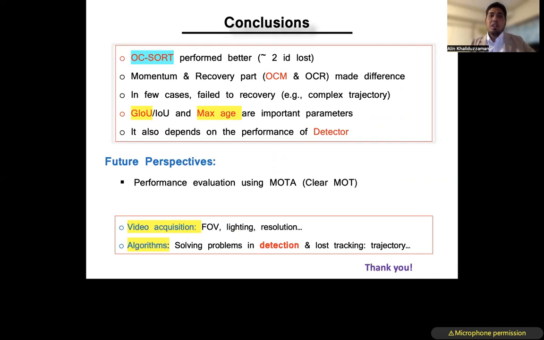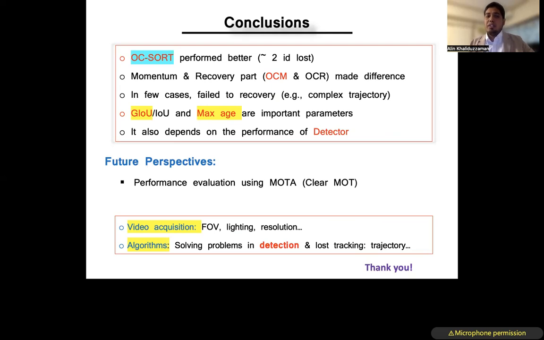What makes this difference, I think, is the momentum and recovery part, called OCM and OCR, of the OC SORT algorithm. But there are still a few cases where OC SORT failed to recover, basically with very complex trajectories and a very long crossing time.